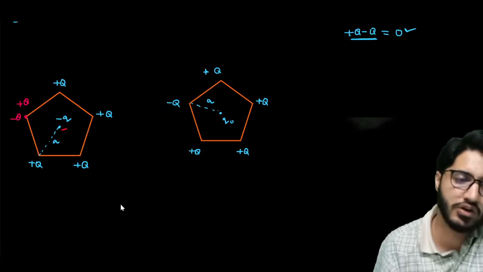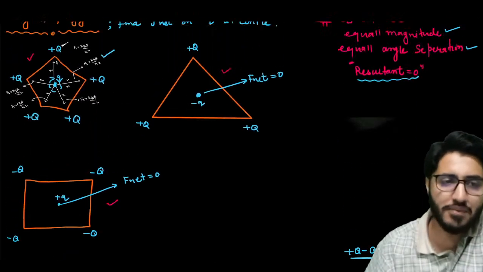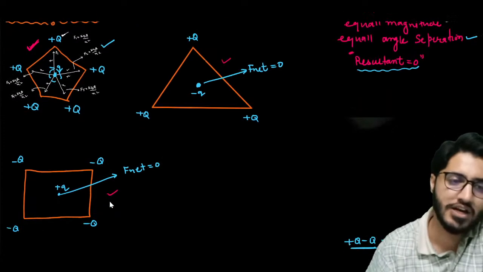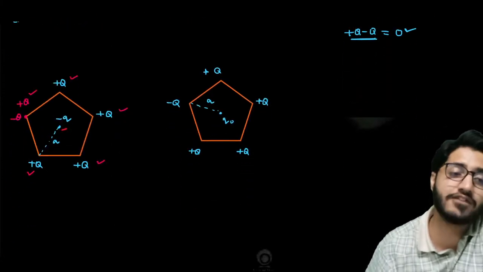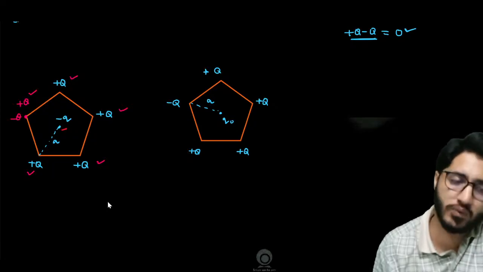Yes, sir. So look, this plus q, this plus q, this plus q, this plus q, this plus q, collectively, is a similar case to this one. So the net force due to these positive charges will be 0.